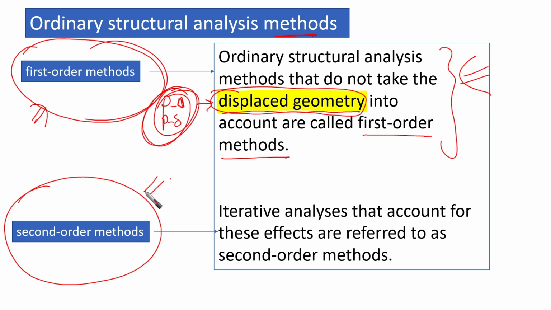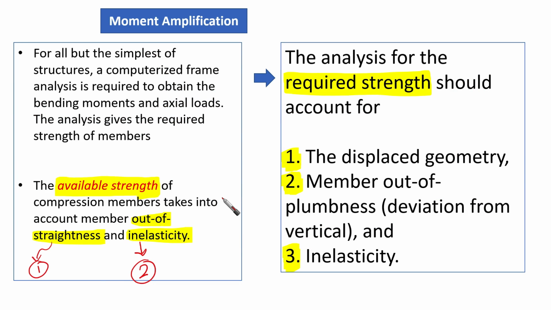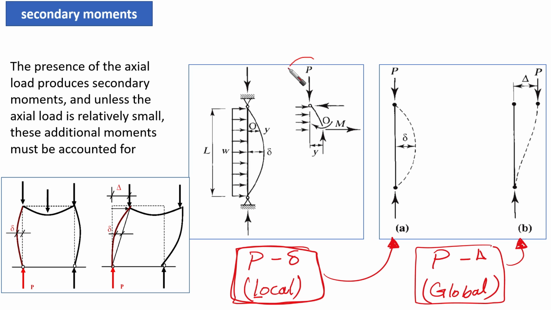And there is another type of analysis method, which we call second order methods. These are iterative analyses that account for these effects. The point that I should have highlighted is in the derivation of the amplification factor, for example: whenever you use the original load P, it is going to make the elastic line buckle like this.